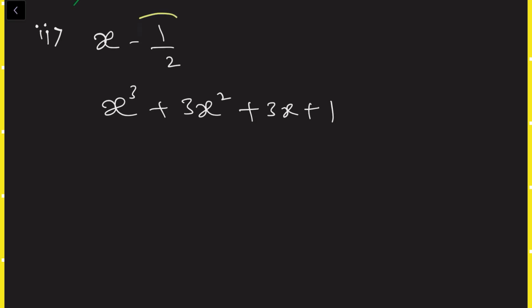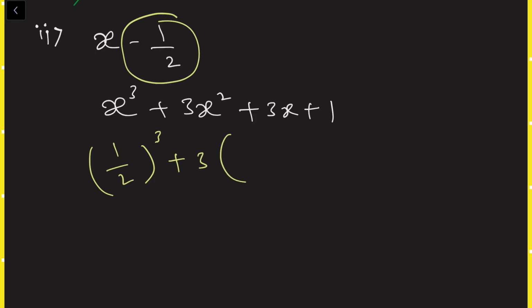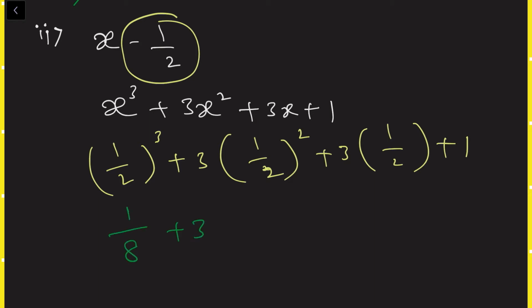So here minus 1 by 2 is there, we need to substitute plus 1 by 2. 1 by 2 whole cube plus 3 into 1 by 2 whole square plus 3 into 1 by 2 plus 1. 1 by 2 whole cube is 1 by 8, plus 3 into 1 by 2 whole square, 1 by 4, plus 3 into 1 by 2 plus 1.